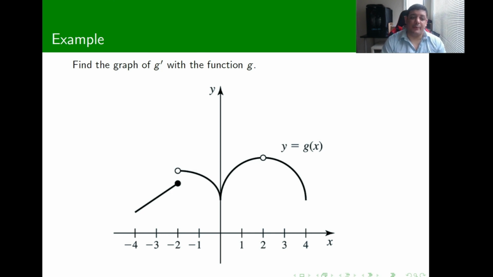Now let's make a quick example here and find the graph of the derivative from the function. First, notice that this is a line. Remember, tangent lines to lines have the same slope. So the slope of this is going to be a positive number here, but we have a discontinuity here, and because there is a discontinuity, there must be a break in the derivative function.